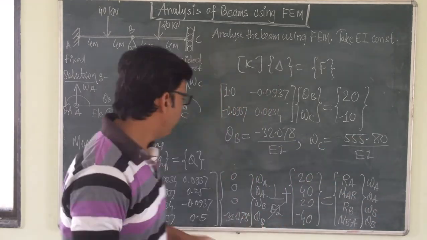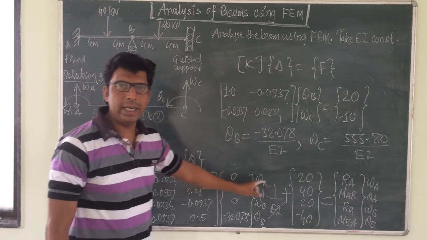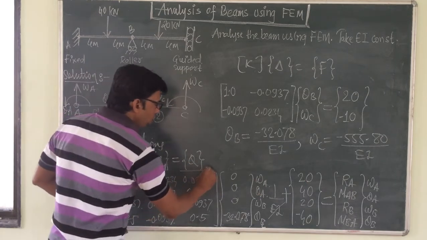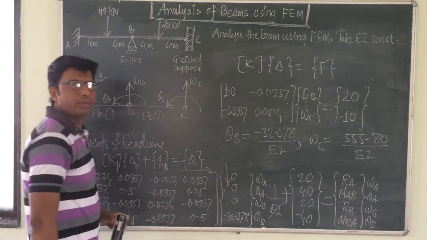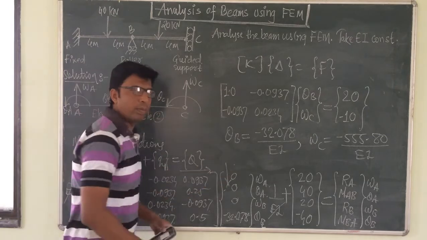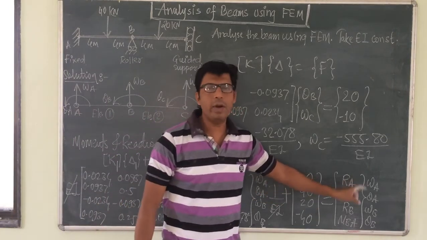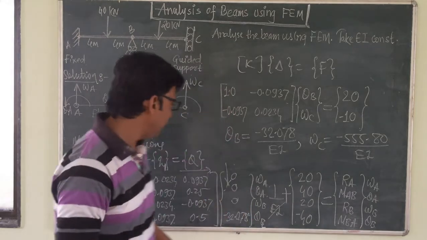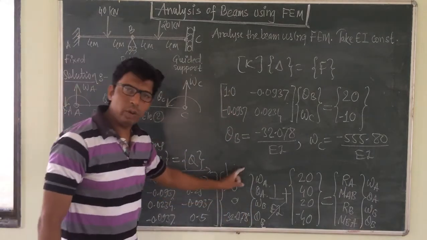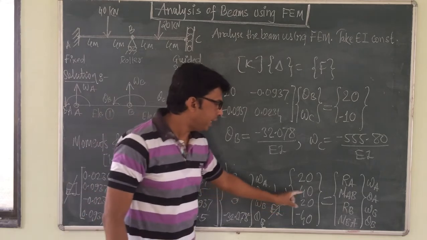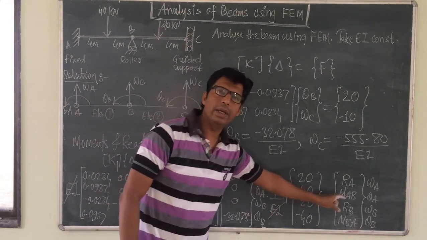Now if you multiply this K with the delta, first row into first column plus this first element 20, you will get the value of RA. Similarly, second row into this column plus the second element, you will get MAB.